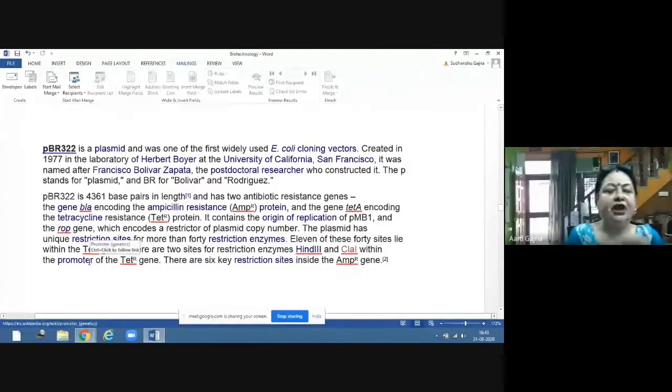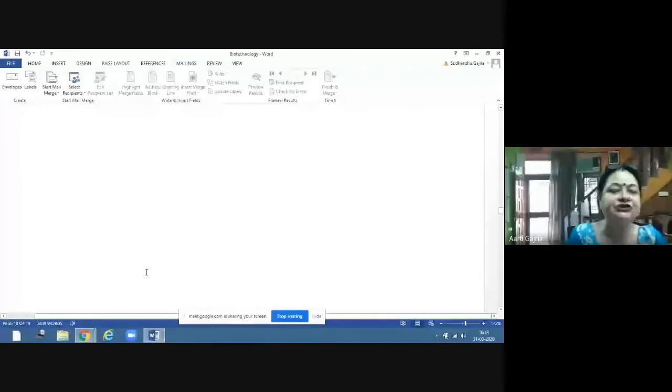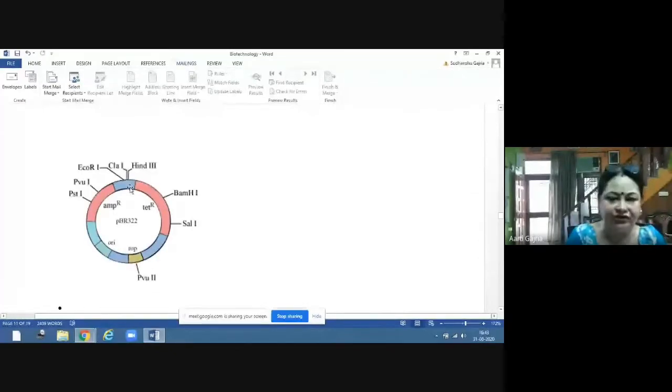pBR322, that is plasmid, Bolivar, Rodriguez 322, was the first artificial vector made in the laboratory for cloning, for making copies of the desirable genes.